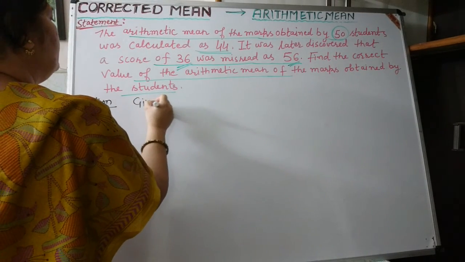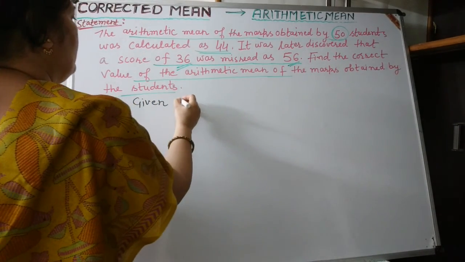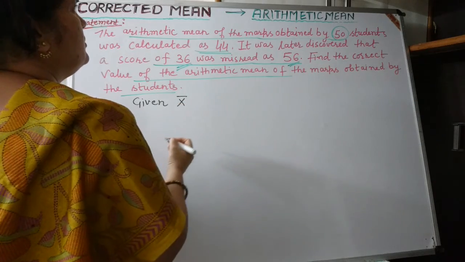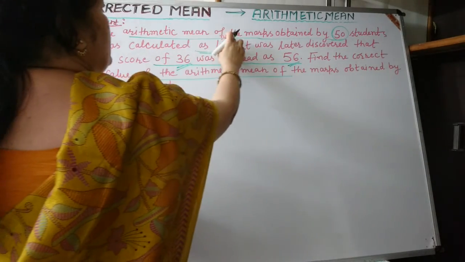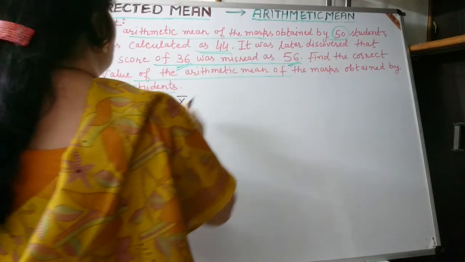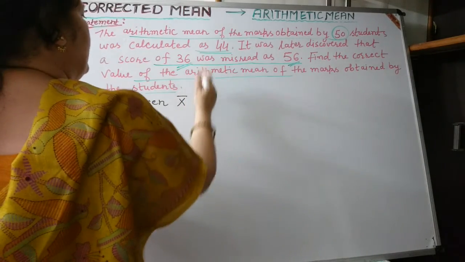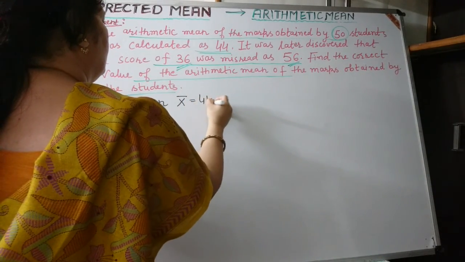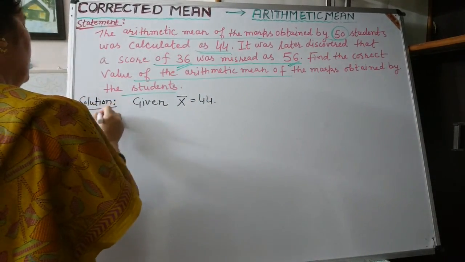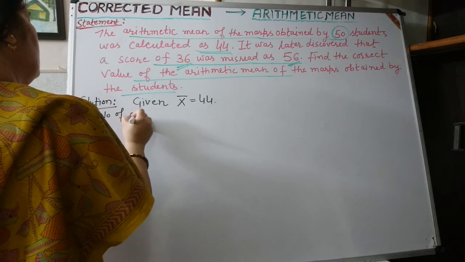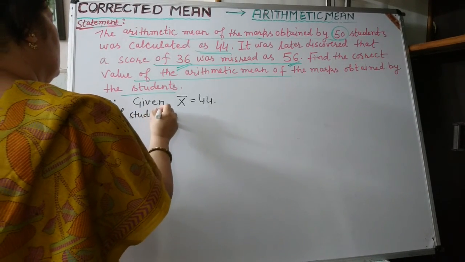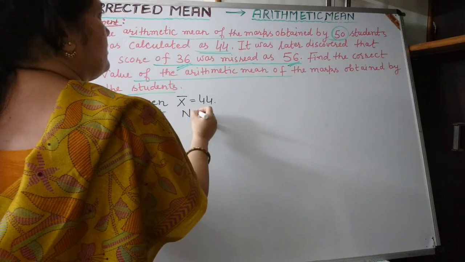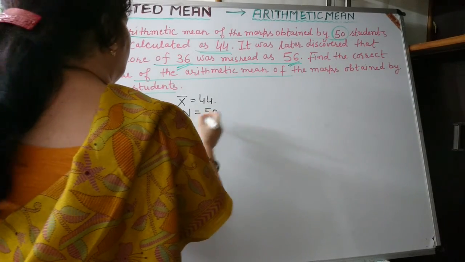Given that the value of x bar, the arithmetic mean of the marks obtained by 50 students, was calculated as 44, and the number of students, n, is equal to 50.